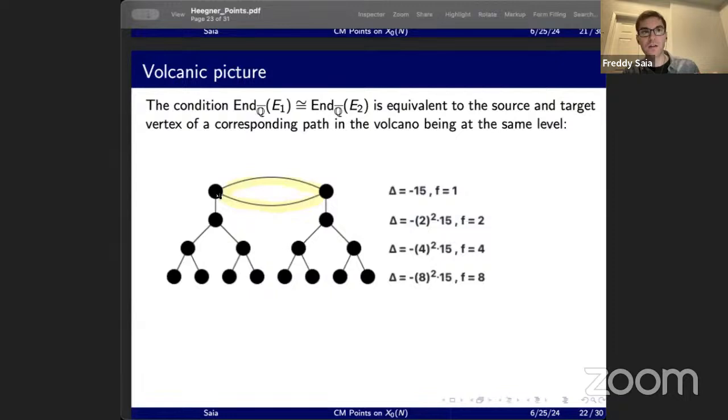So you get points on X_0 of any power of 2 all defined over the Hilbert class field coming from Heegner points. So this is like a great example of what I mean by points of especially low degree. Those will be degree at most 4, or it'll be exactly 4 in this instance because these two edges are exchanged by complex conjugation. But my picture isn't telling you that. I'm just telling you that.